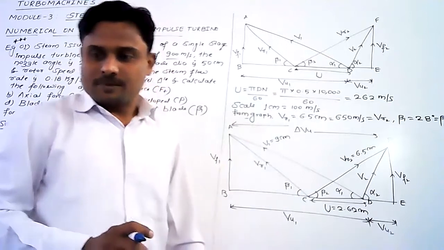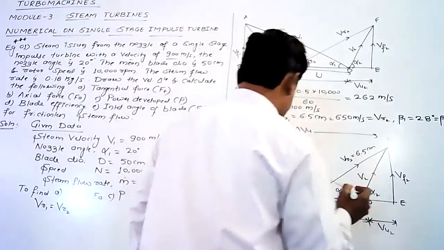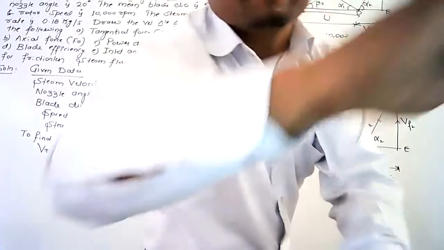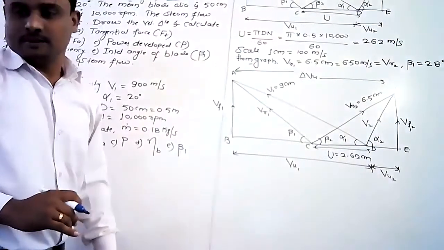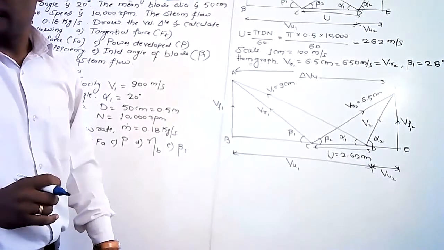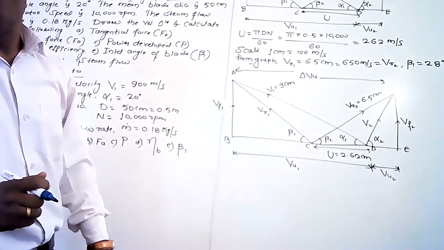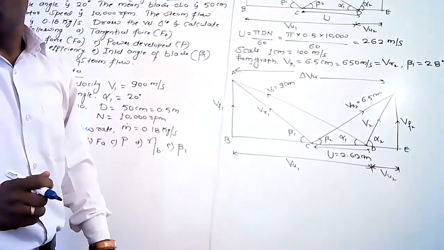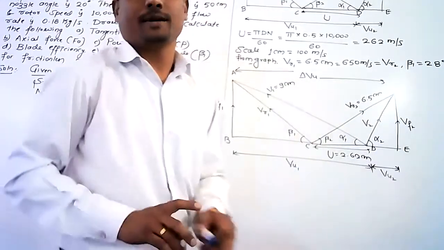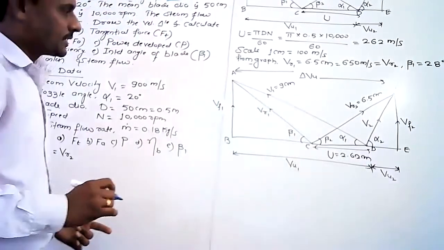So the next step is fine. So here VU1 I can take right here. The total length of delta VU is around 11.5 centimeters.